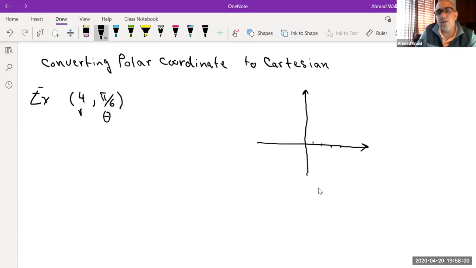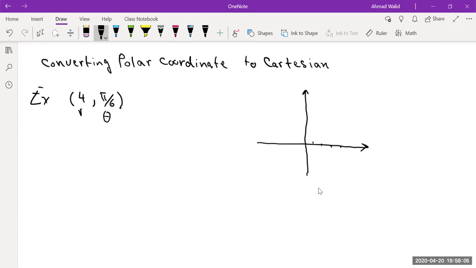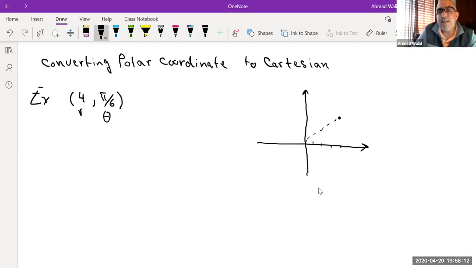I cannot draw good circles here for you, I'll just put the dots here. And this is my 30 degrees. Then this is 4 comma pi over 6, or 30 degrees. It means r is equal to 4. R is 4. And this angle is pi over what? Pi over 6.